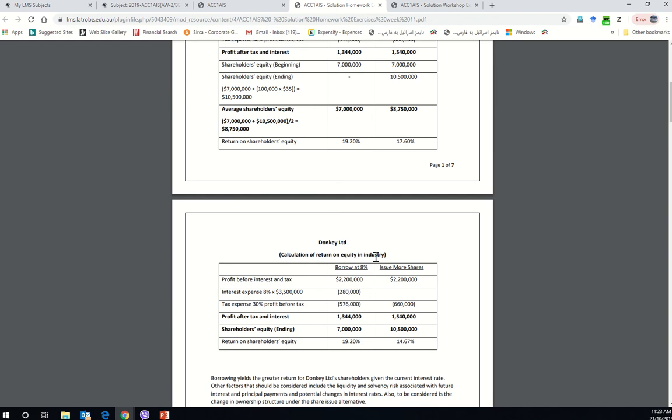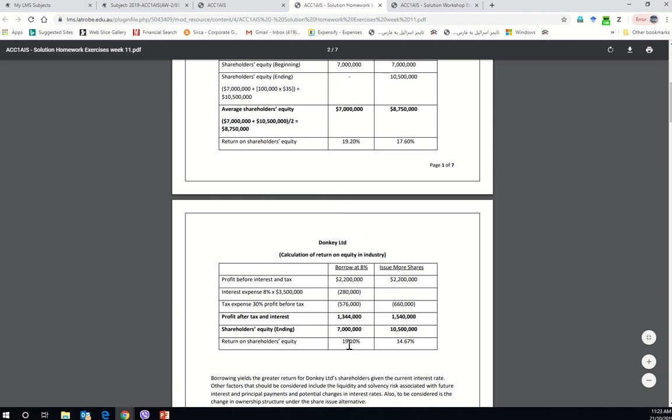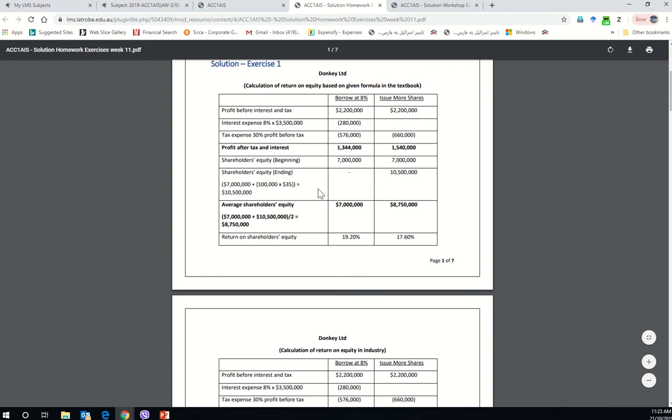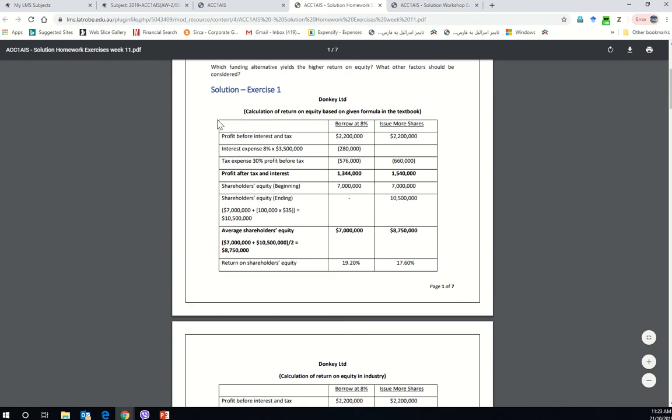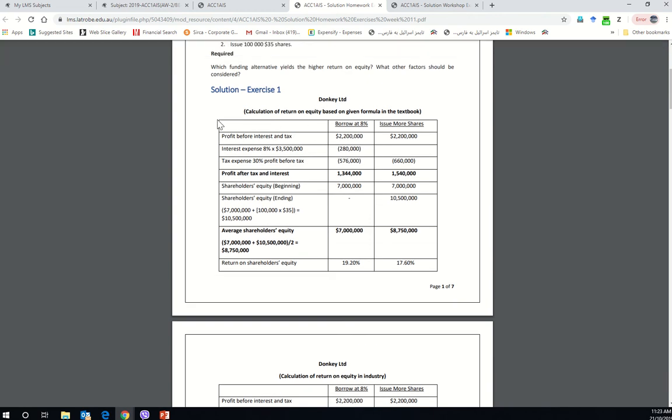So in the exam, it should be okay to calculate return on equity under each of these 2 methods. But please, if it is given in the exam and you're calculating the return on equity based on the formula which is given in the textbook, just be consistent for both alternatives and follow the same formula, right?